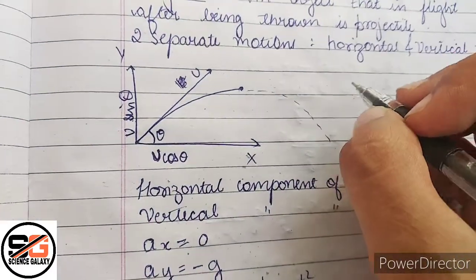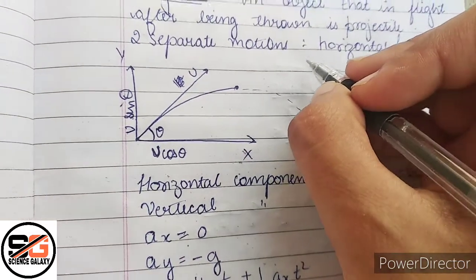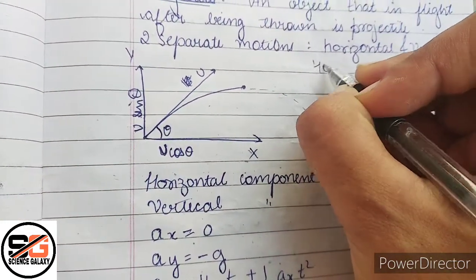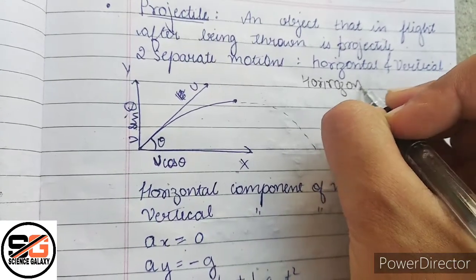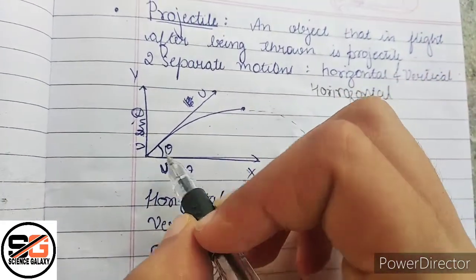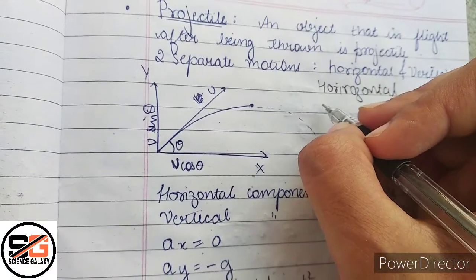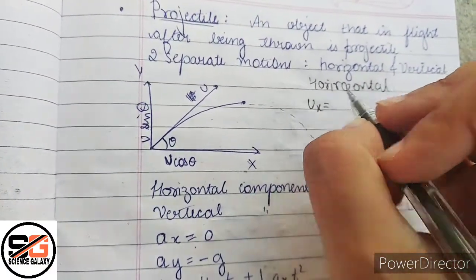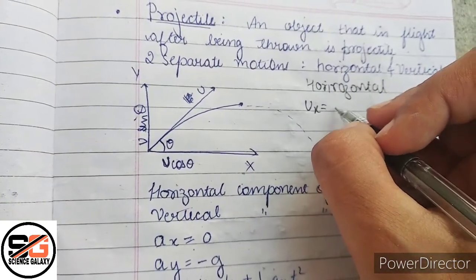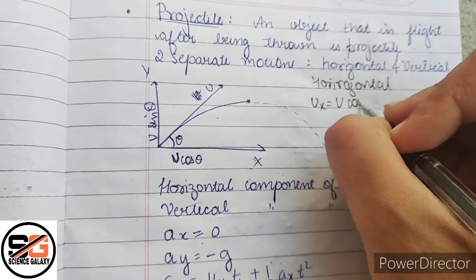Let us consider horizontal motion, which means along the x-axis. The initial velocity ux is u cos theta.